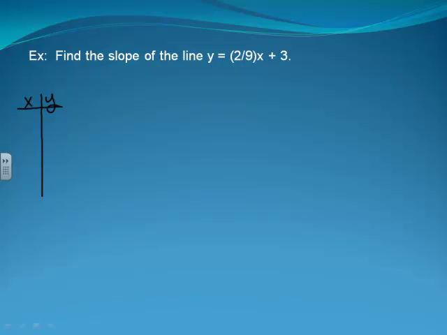I'm going to start off by letting x be 0. If x is 0, then my equation becomes y equals 2/9 times 0 plus 3. Anything times 0 is 0, so this equation solves fairly rapidly. Y is equal to 3 when x is 0.